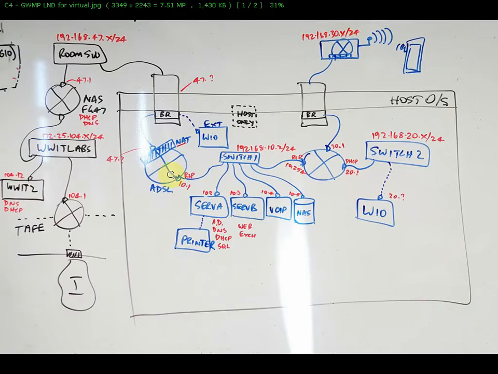So it's going out through the ADSL, through the NAS box, and to the DNS server out in the Wollongong West IT Labs, which is about as far as we can go before we actually get out to the internet.